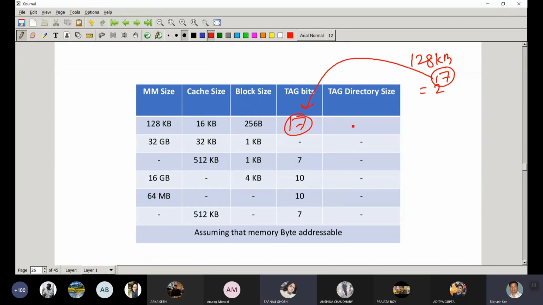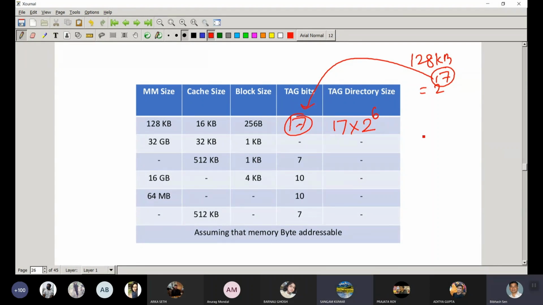Very good. And the tag directory? Sir, 17 into 2 to the power 6. How did you find 2 to the power 6? Sir, total number of lines.